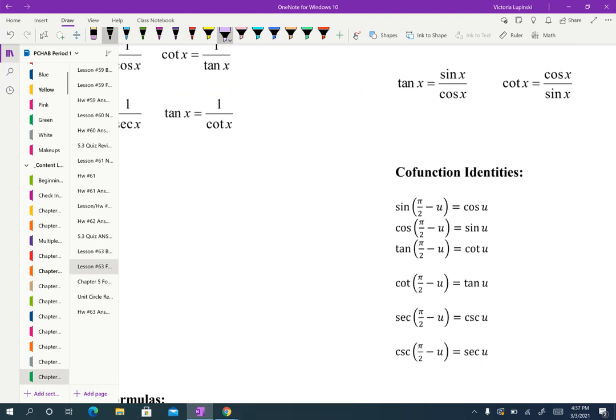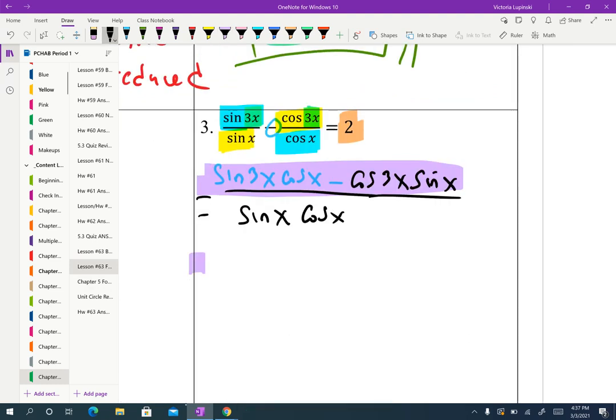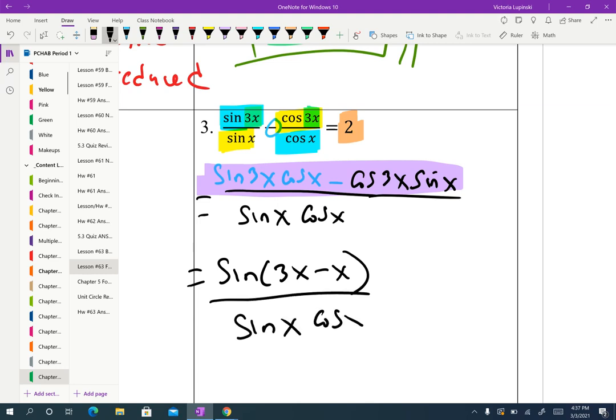So if that is the sine of u minus v, then you're allowed to rewrite this as the sine of u, which is 3x, minus v, which is x. All right, well, 3x minus x, I can do that. That becomes a sine of 2x.